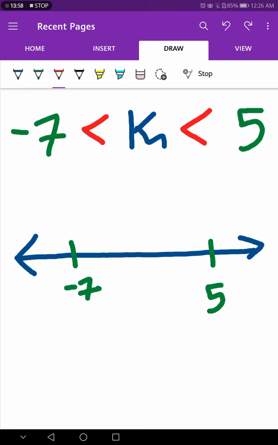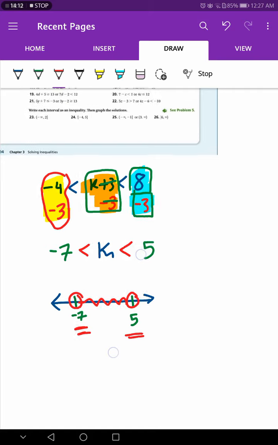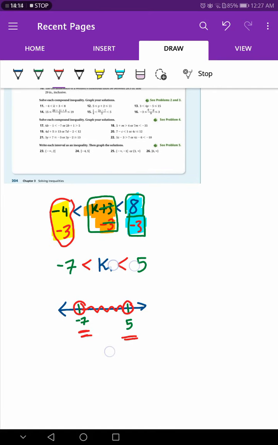So this is the circle and this is the circle, and the solution is between them, but -7 and 5 are not within the solution. Okay, my dear student? I hope you are happy now. Now I will move to question number 14.